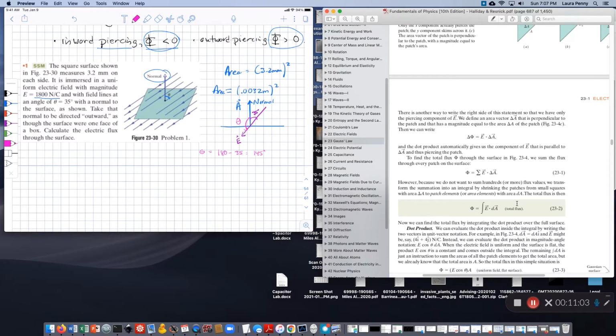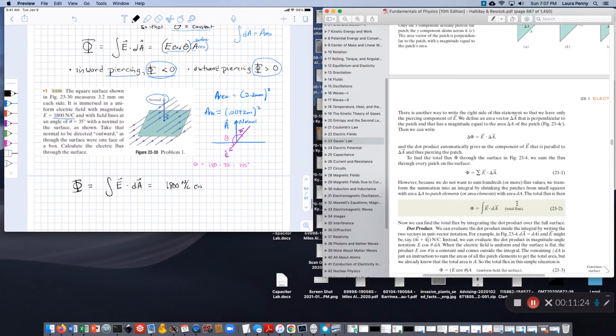And so when I look at my flux here, I'm going to have the integral of the electric field times dA. Well, the electric field is constant. It's just 1800 newtons per coulomb. The angle is also constant. Cosine of 145 degrees.